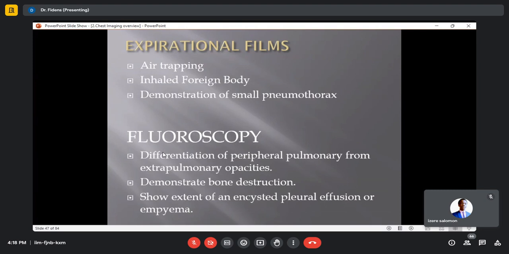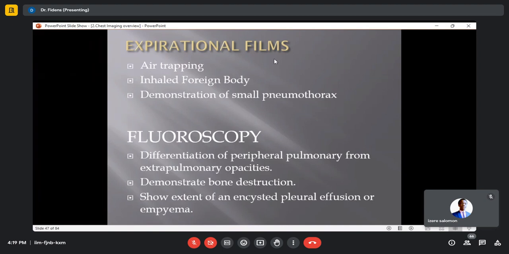Expiratory film, remember, can you request an expiratory film? You request it when you suspect any air trapping. Air trapping can be caused by any airway obstructing disease, like asthma, or foreign body aspiration, an inhaled foreign body, because there will be air trapping.